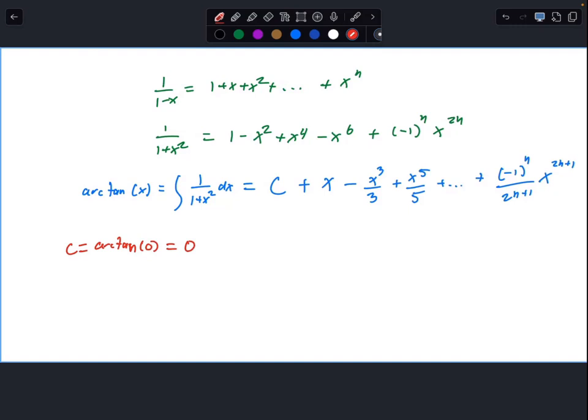So we now know that arctan of x is equal to x minus x cubed over 3 plus x to the fifth over 5 plus dot, dot, dot, plus negative 1 to the n over 2n plus 1 times x to the 2n plus 1.